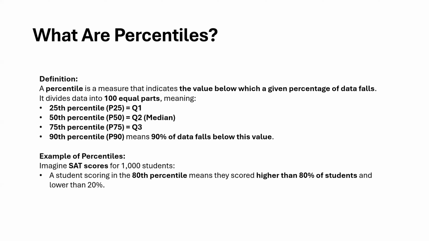One is the first percentile, two is the second percentile. If we talk about the 25th percentile, that is nothing but Q1. If I'm saying this particular number is my 25th percentile, it means 25% of your data set will fall below this number.